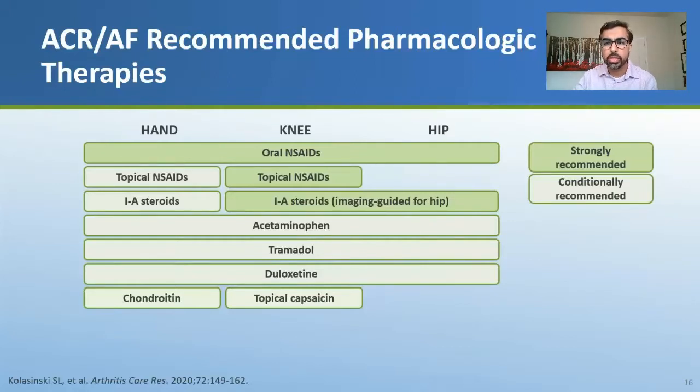There's a conditional recommendation for intra-articular steroids for the hands, and a strong recommendation for the knee and for the hip. And then a conditional recommendation for all three with acetaminophen, tramadol, duloxetine. Interestingly enough, they have a conditional recommendation for chondroitin for the hand and topical capsaicin for the knee.